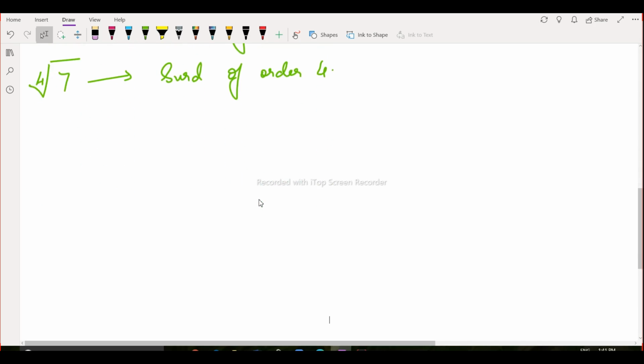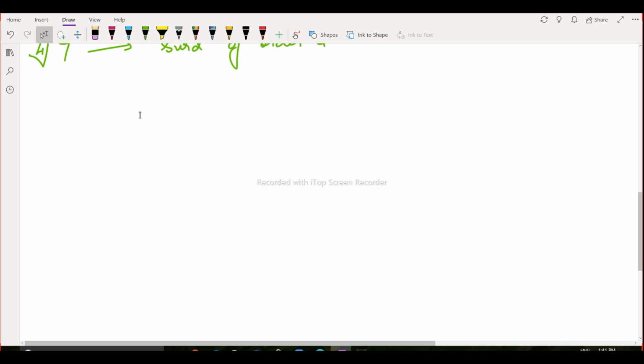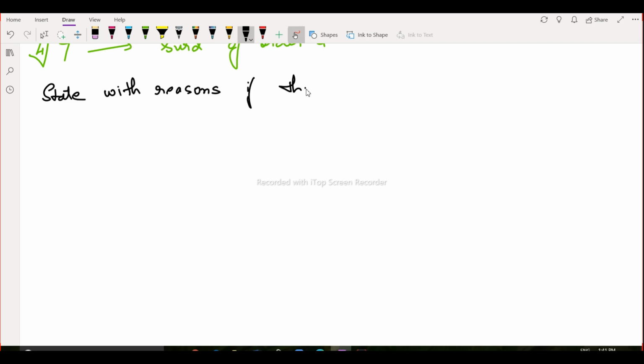Let's take a few examples based on this. So let's say the question is, state with reasons if the following is a surd.